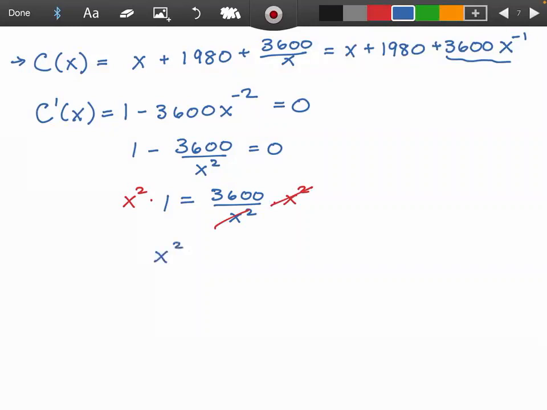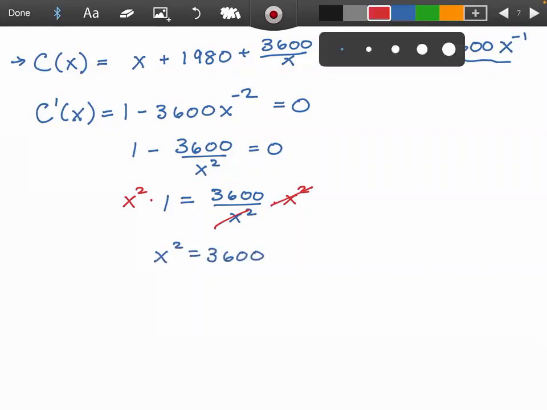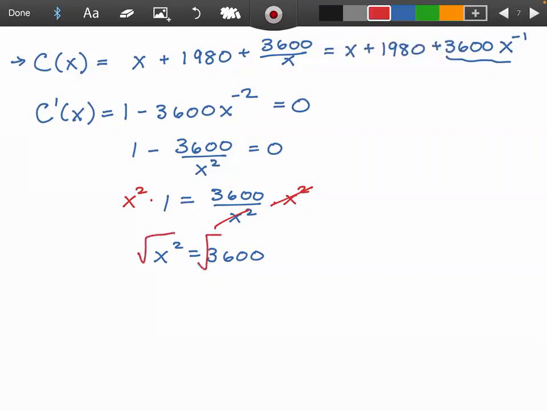And I'm left with x squared equals 3,600. So now whenever you have something squared equals a number, you can square root both sides. Technically, you need to do a plus or minus on both sides. And you're left with x equals, let's see, the square root of 3,600 is 60. So our solutions are x equals negative 60 or x equals positive 60.